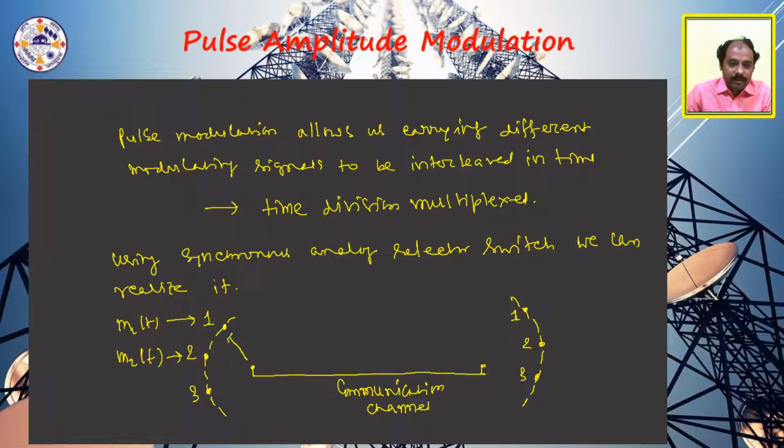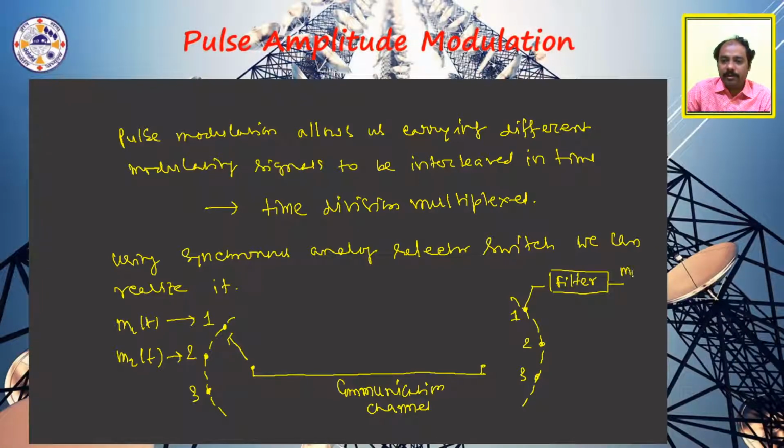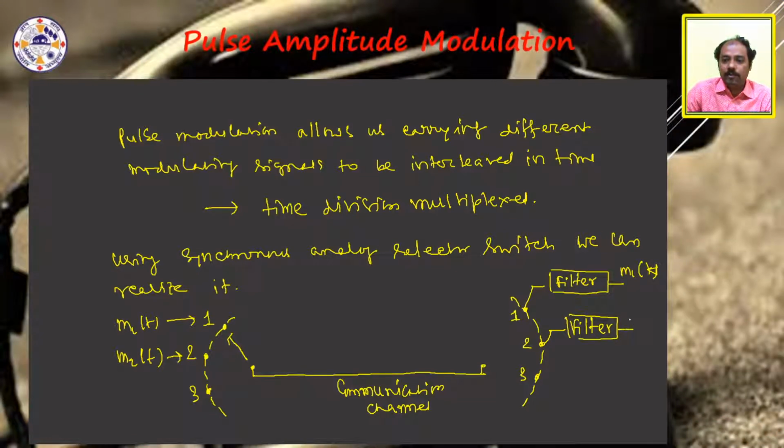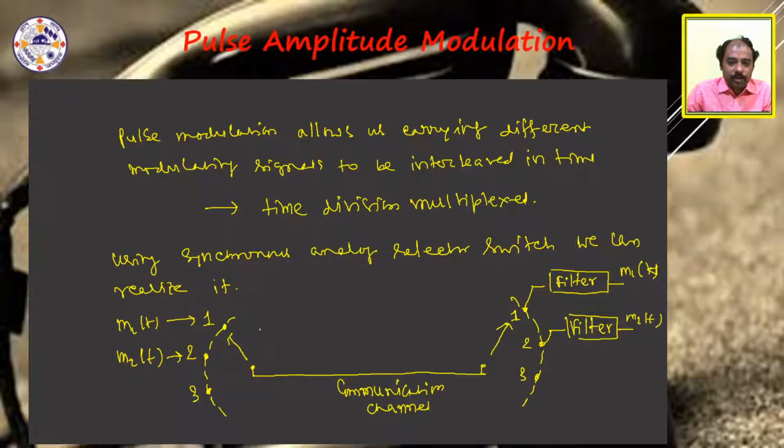Fine, and this is the selector switch, and from here, through a filter, I am getting M1 function of t, and again through a filter I am getting M2 function of t, etc. This is called the commutator.